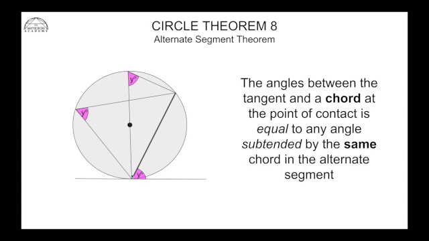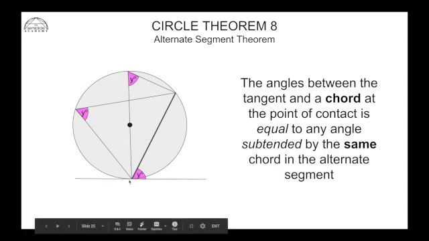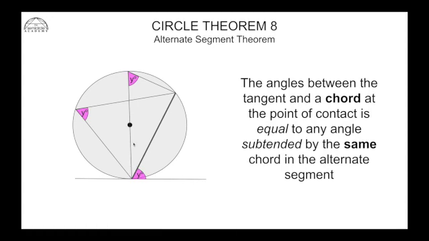Yeah. So we know that no matter where I move this angle, it'll always be angle Y, because they are subtended by this chord. Well, what they're saying here is that if I have a tangent touching at the chord, not the radius but at a chord, then the angle between the chord and the tangent will be equal to the same angle that is subtended by that chord.